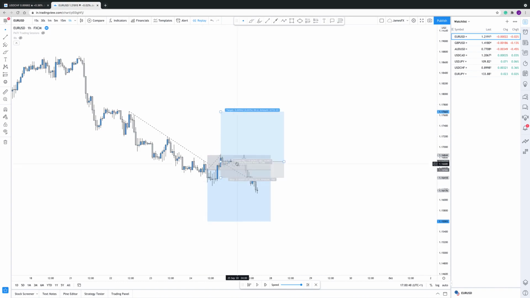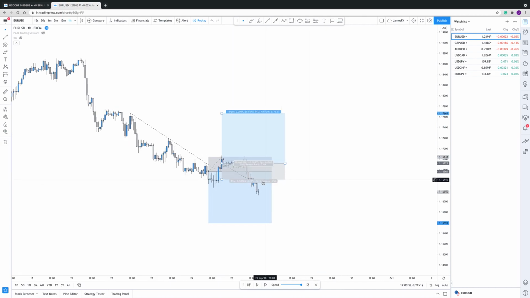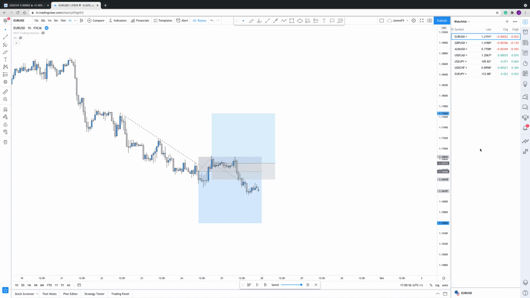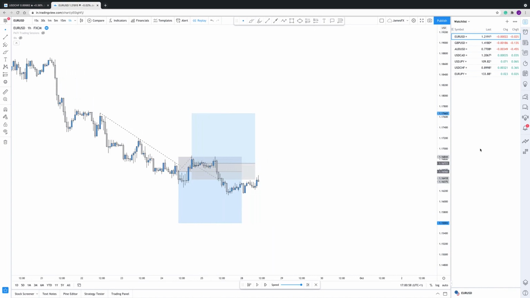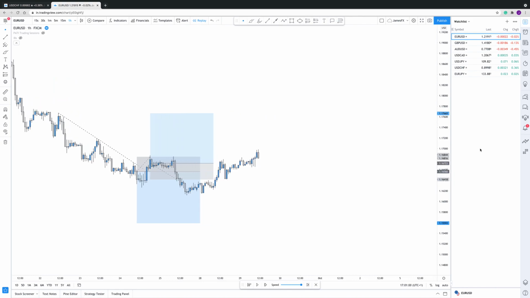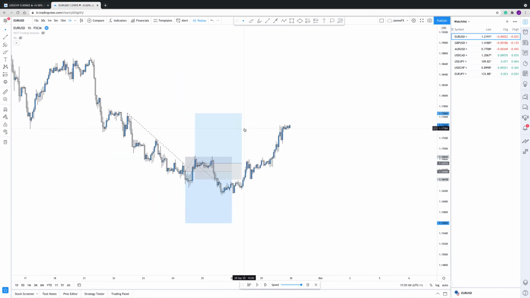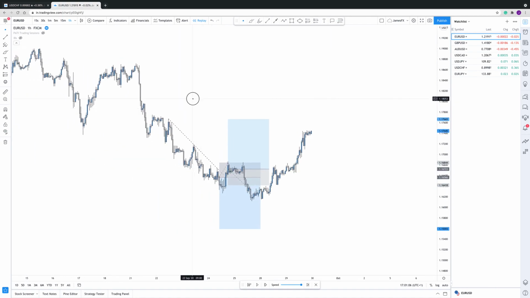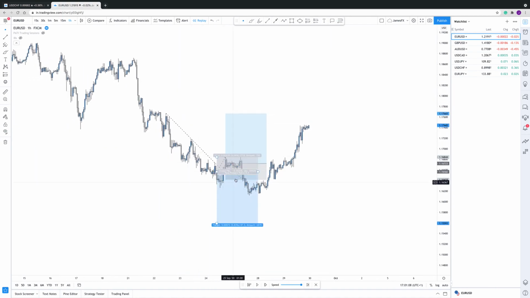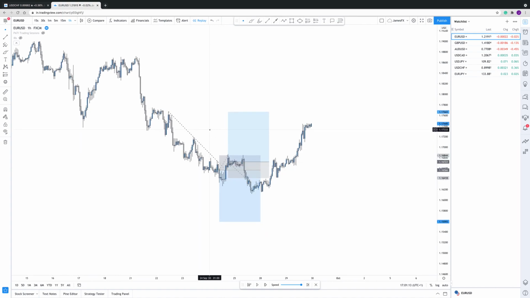So now that we've taken liquidity and we've got the fuel to actually move the market, that's what's going to happen next. We can now see a move in one direction, which is what we got here. Price commits to one direction because it now can, because we've taken liquidity from buyers and sellers.